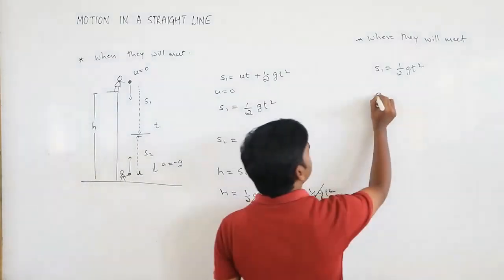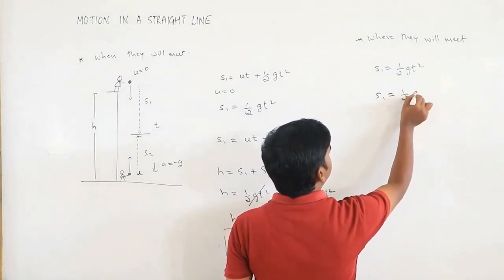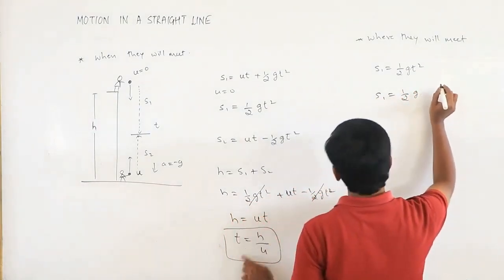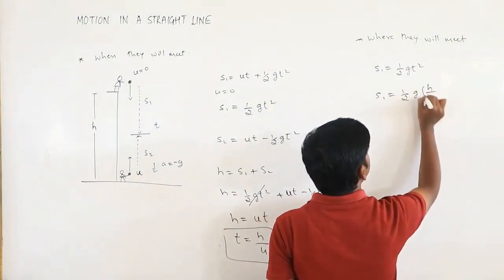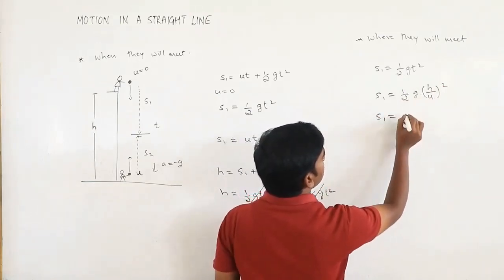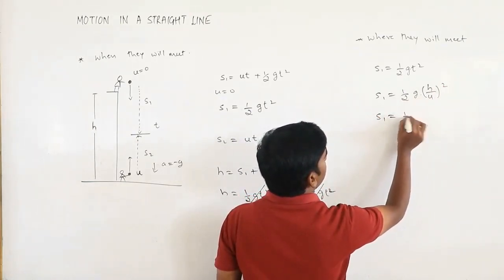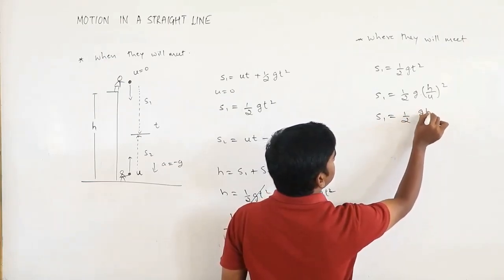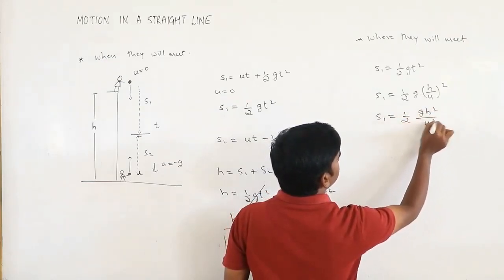So S1 equals half g t square, where t is H by u. So S1 is half g H square divided by u square.